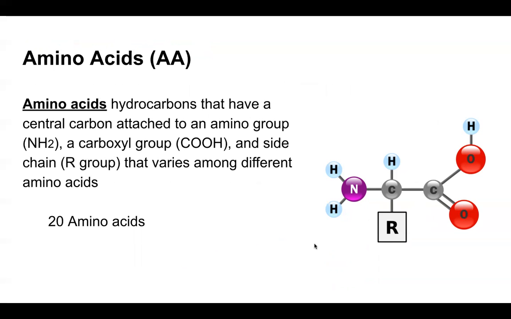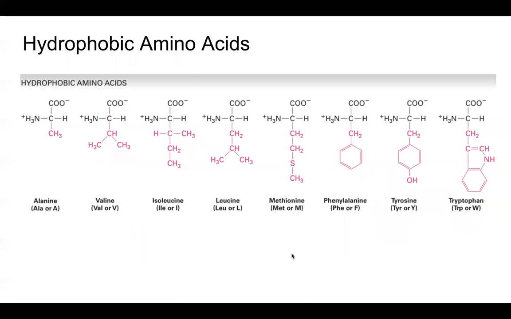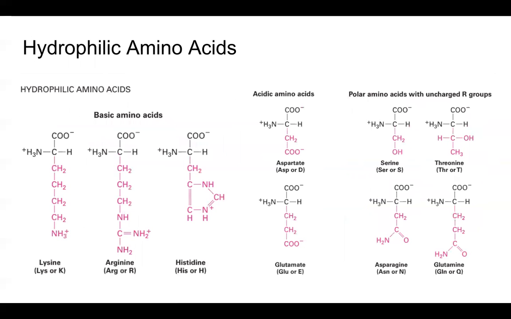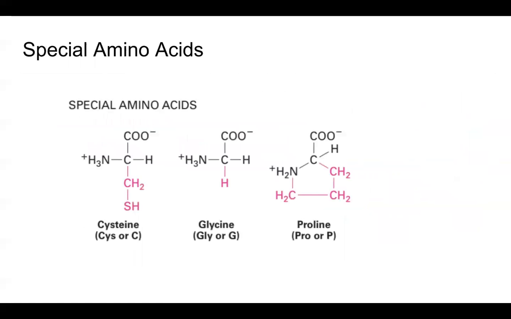In nature, we know that proteins consist of 20 amino acids. Amino acids are classified as hydrophobic amino acids, hydrophilic amino acids, and the special amino acids.